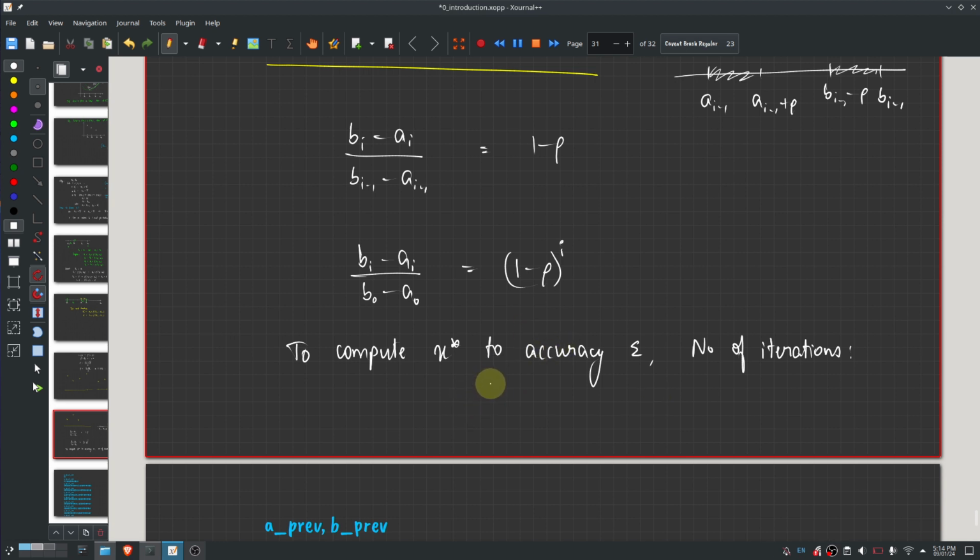At the end of whatever n iterations, my search space would be (1 minus rho) to the power i, or (1 minus rho) to the power n, and we want this to be less than or equal to epsilon. So what should be my n?